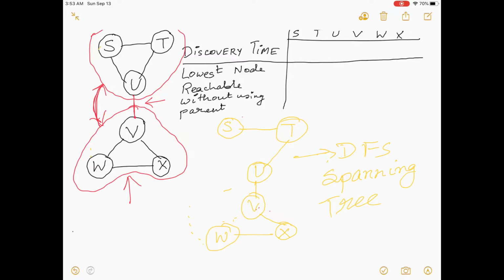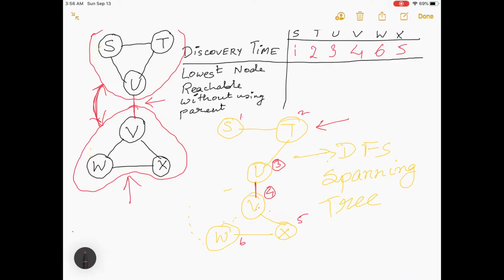So if we take a DFS spanning tree, we need to check for every edge, say UV, where U was discovered before V, what is the earliest discovered node that the descendants of V, including V, can reach using at most one back edge.